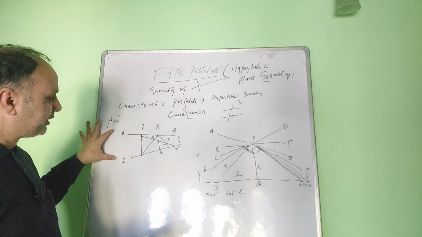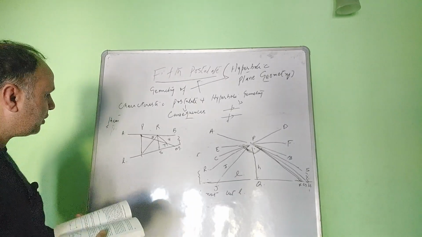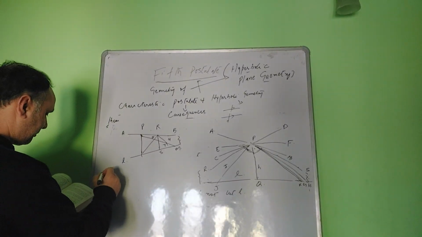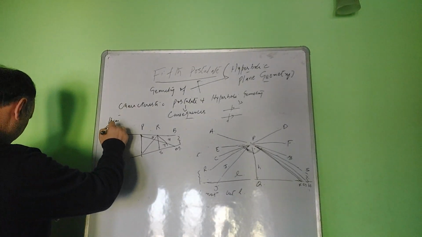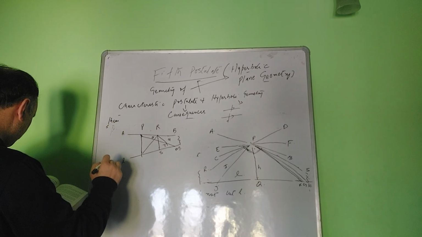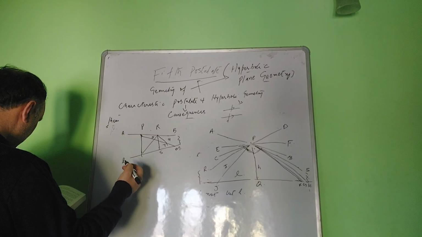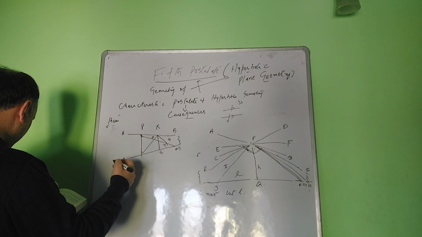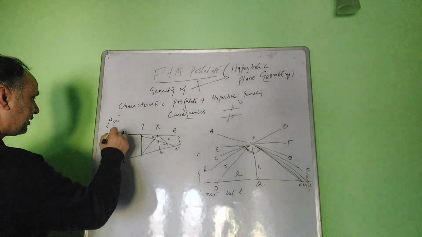I'll not prove it. In the same way, there can be another diagram. So the theorem is: if a straight line is parallel through a given point in a given sense to a given line, then at each of its points it is parallel in the given sense to the given line. This is one theorem.